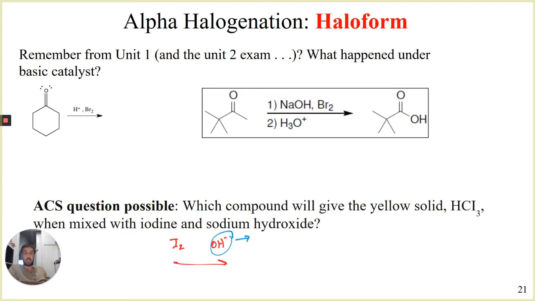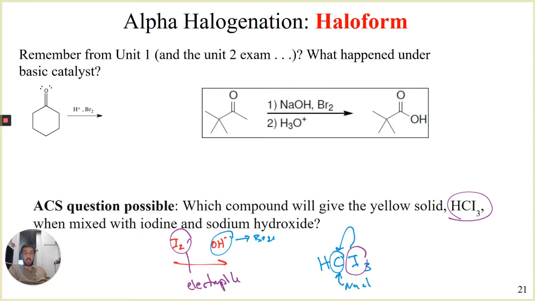OH minus is a strong base. I2 is an electrophile. I know that in the course of this reaction, I have to get that as a product. So there has to be a way for this iodine to connect to that carbon. So how did that carbon become nucleophilic?